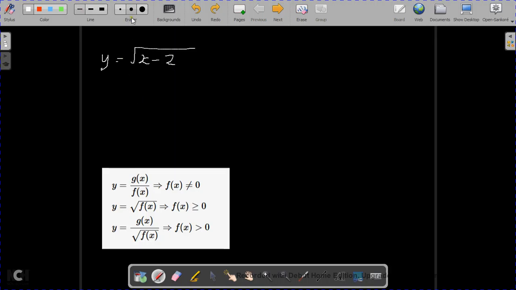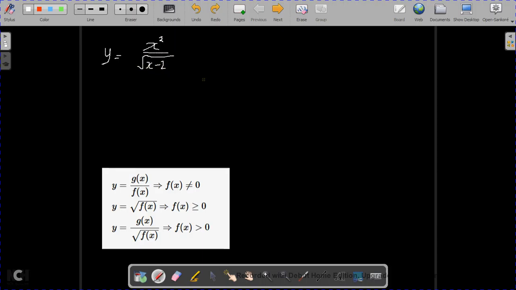So let's say we've got y equals g of x. I'm going to use our x squared example: x squared over the square root of x take 2. So we've got two situations.